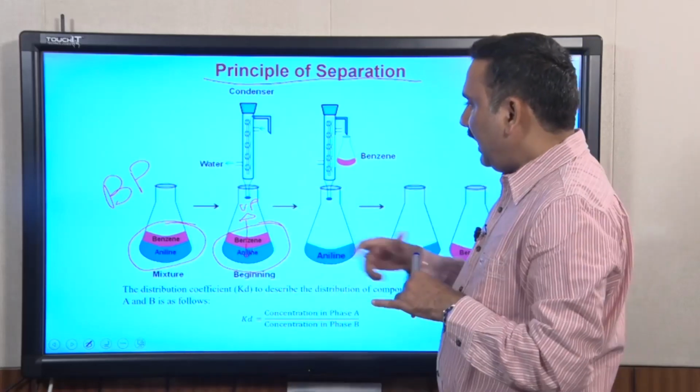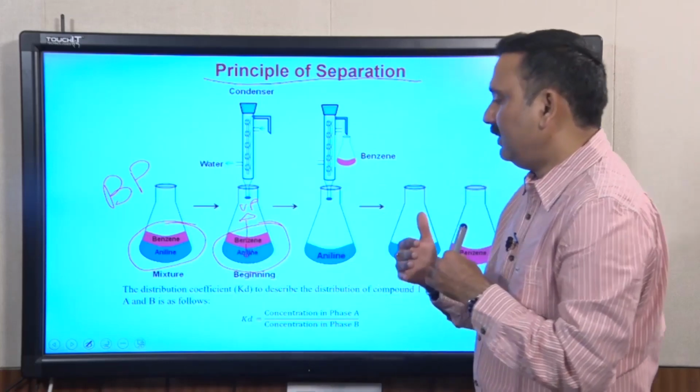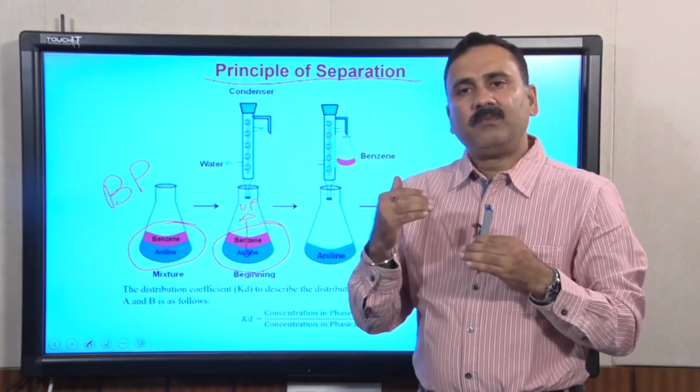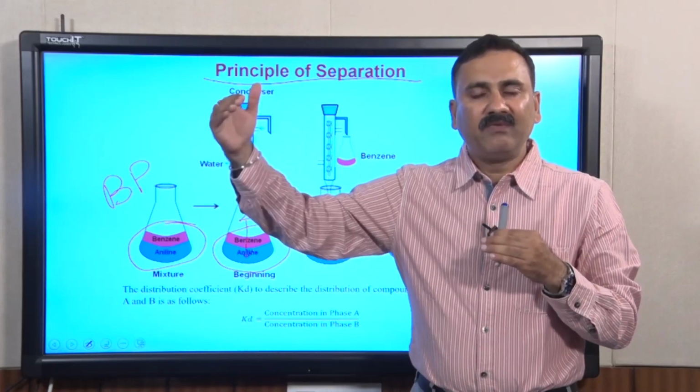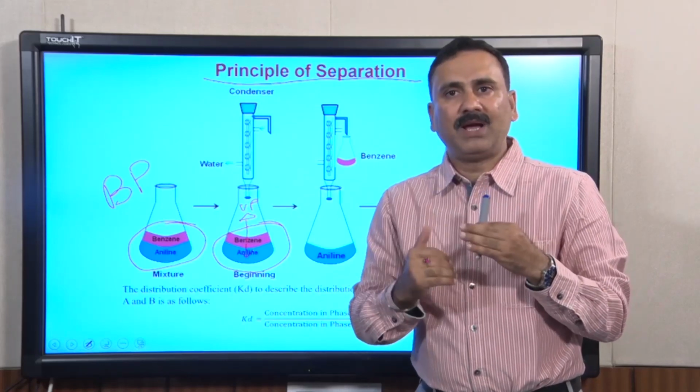In the beginning both molecules distribute into the two phases, but as the process continues, because benzene has a different boiling point, the benzene will prefer to be more in the vapor phase, whereas the aniline will prefer the liquid phase.